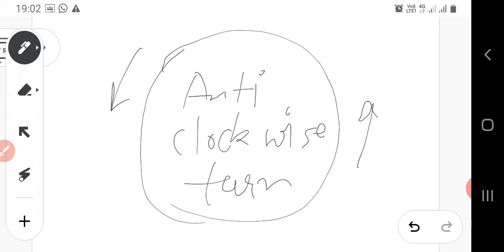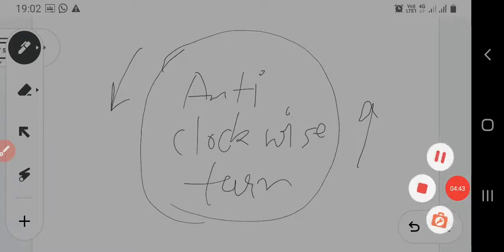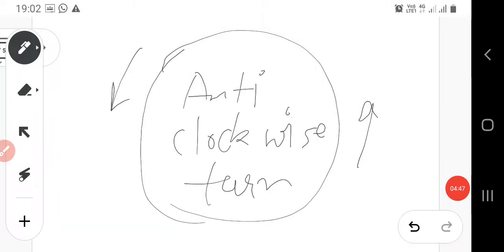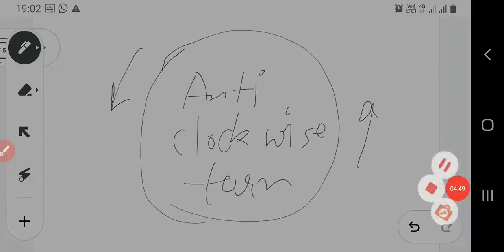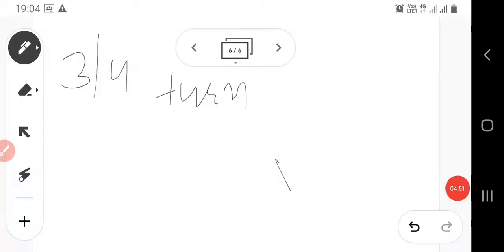If turn takes place in the opposite direction of clock or needle, it is called anti-clockwise turn or counterclockwise turn. And if it takes place in the direction of needle or clockwise, it will be called clockwise.